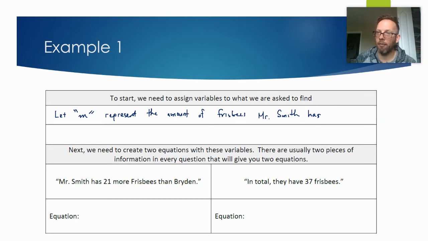As you're doing practice and just whipping off lots of practice, maybe you can just do a little point form, for example. But when you're submitting work and you want somebody to look at your work, you should use a full sentence so we're absolutely clear on what your variable represents. Saying something like m equals Smith, maybe in your own mind you can say, okay, m is the number of Mr. Smith's Frisbees. But in practice, m equals Smith doesn't make any sense.